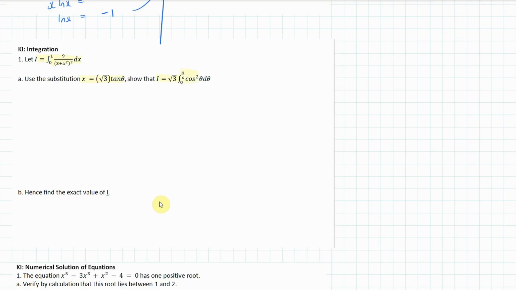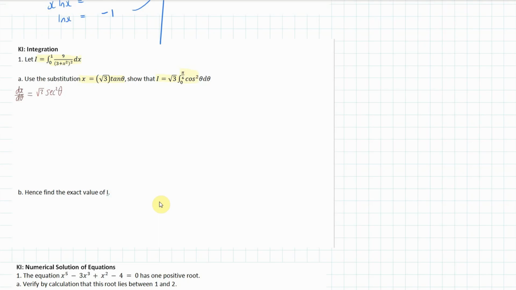Alright, let's do it. Okay, so if that's what x is, we're going to go dx d theta should be square root 3, and remember, when you're differentiating tan theta, you get sec squared theta. So sec squared theta it is.